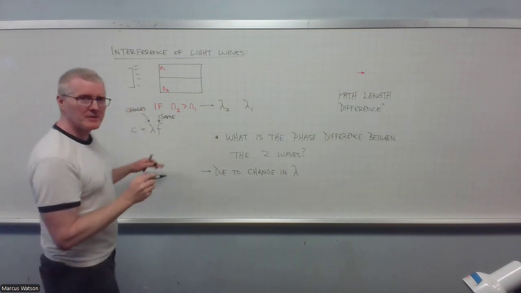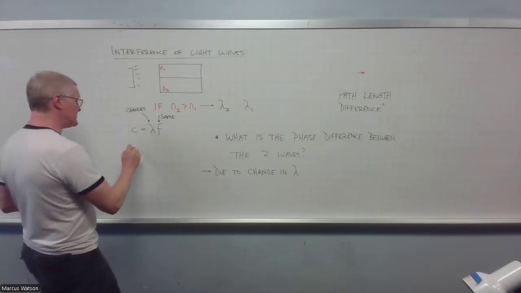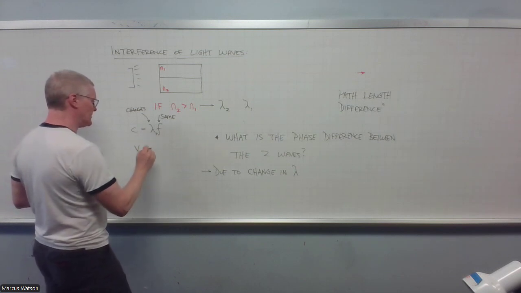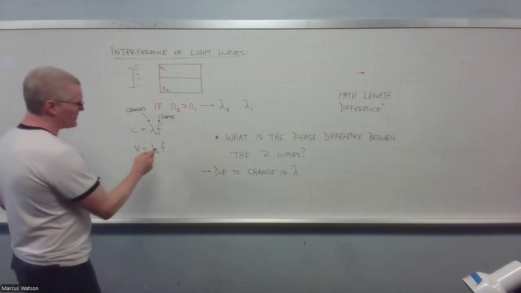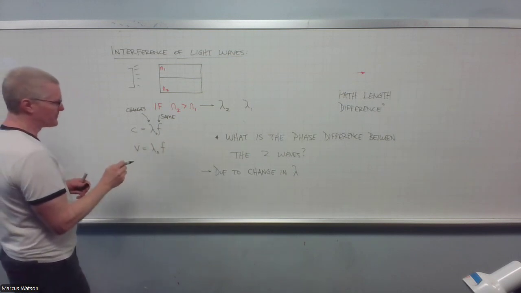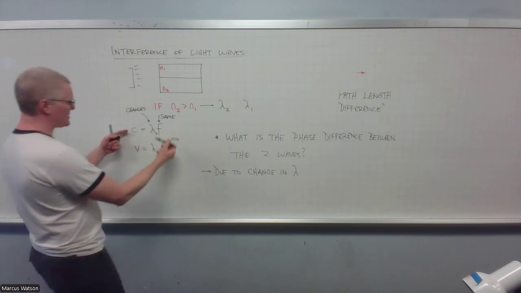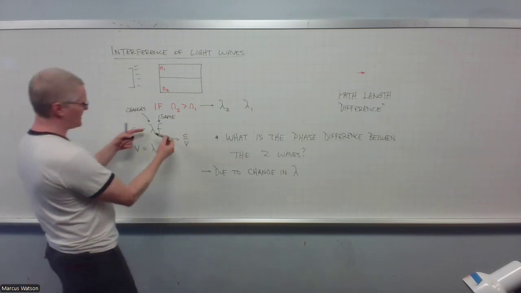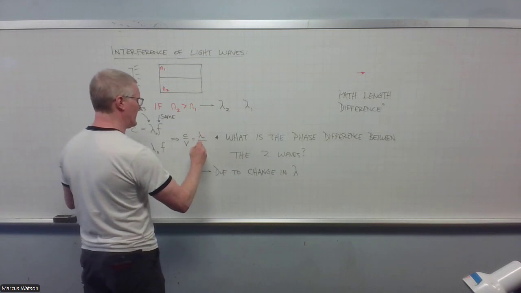Therefore, if it goes into a material and is no longer traveling at c, it's traveling at speed, say, v, right? I'm going to put lambda naught here and lambda n here. The frequency is still exactly the same. And so if I divide these two expressions, if I divide c by v, I'm going to get c over v, and I'm going to divide lambda naught by lambda n.